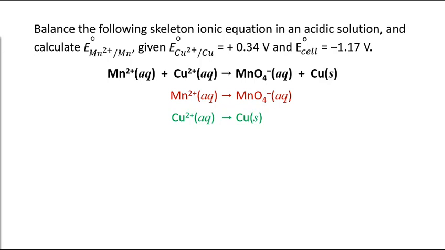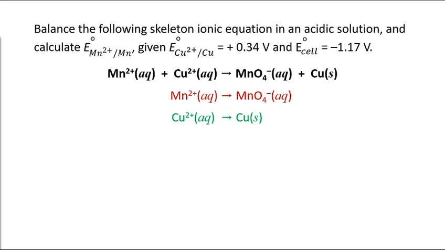Just by looking at these 2 equations, you can tell me what is going to be oxidized and what is going to be reduced. I'm not going to explain that to you; it's something you should hopefully have a basic understanding of from Gen Chem 1. Basically, your Mn2 plus on the left hand side is going to be converted into Mn7 plus on the right hand side. Note that the 4 oxygens each have 2 minus, so you're looking at a negative 8 on the oxygens.